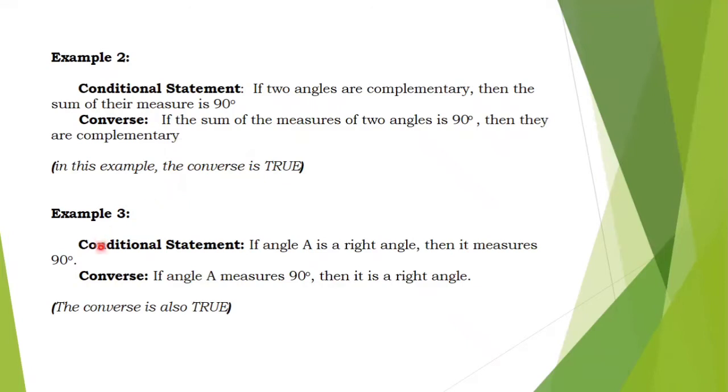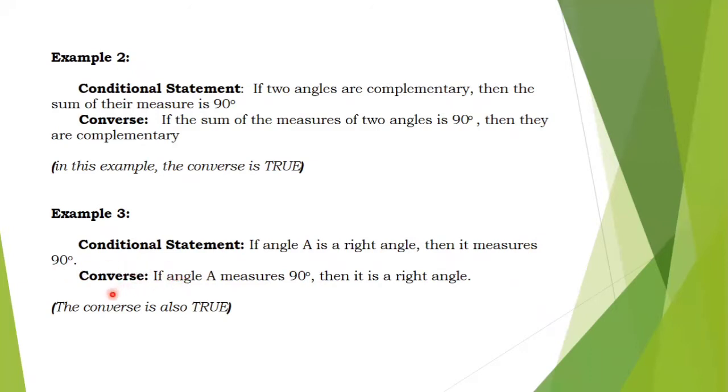Okay, so example number 3. The conditional statement is, if angle A is a right angle, then it measures 90 degrees. So if you're going to get the converse of that, this angle A, or this hypothesis, will become our conclusion, and the conclusion, it measures 90 degrees, will become our hypothesis.